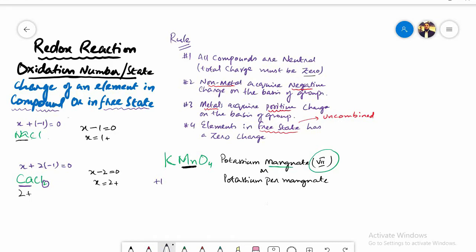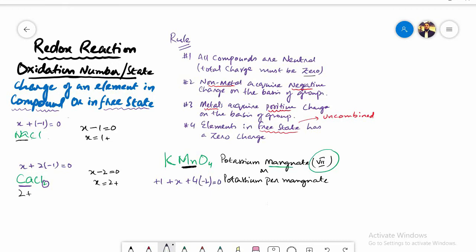Second is the manganese. Since we don't know the charge, we just take it as x plus 4 times oxygen. One oxygen bears a charge of minus 2, right? So the total charge is 0 according to rule number 1.